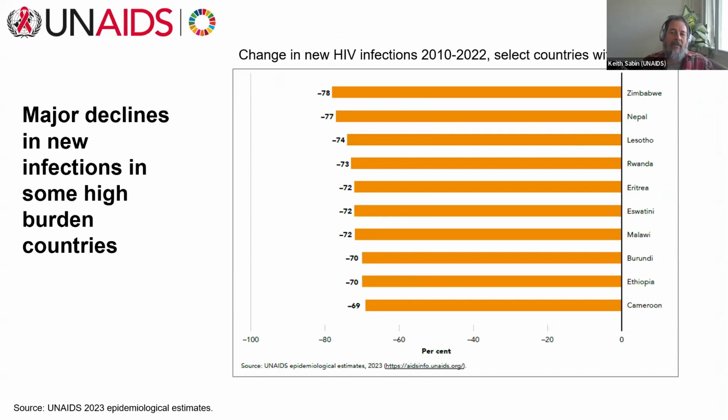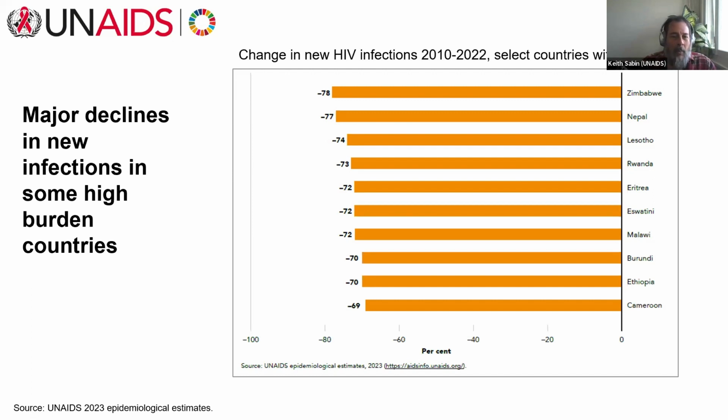Now, different countries, some countries are doing exceedingly well. And I think this is very gratifying for those of us working with these particular countries to see how much decrease they're experiencing in the numbers of new infections.